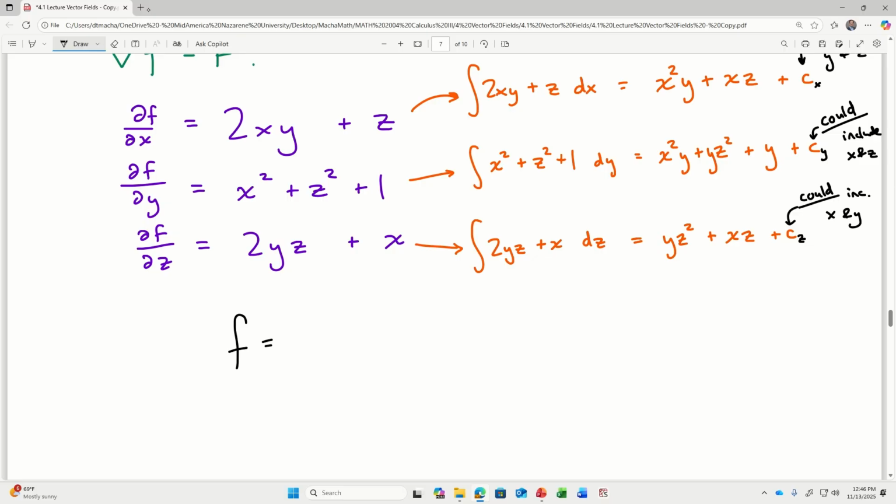So altogether, my scalar field is going to be x squared y plus, I'm going to underline the stuff I've already used, xz plus yz squared plus y plus c.